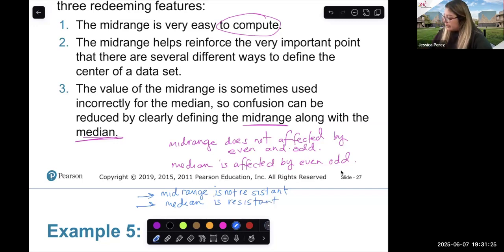So those are the two differences. The mid-range is not affected because you're just taking the corner ones, so it doesn't matter if it's odd or even. Whereas the median is affected because you're going to have to use completely different formulas, and the mid-range is not resistant, whereas the median is resistant.